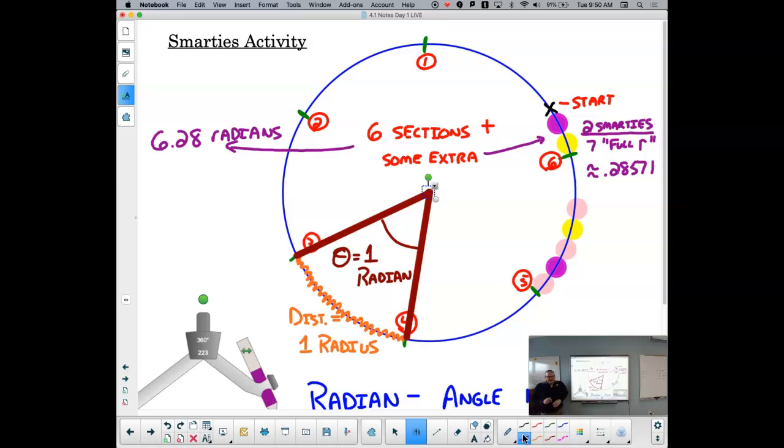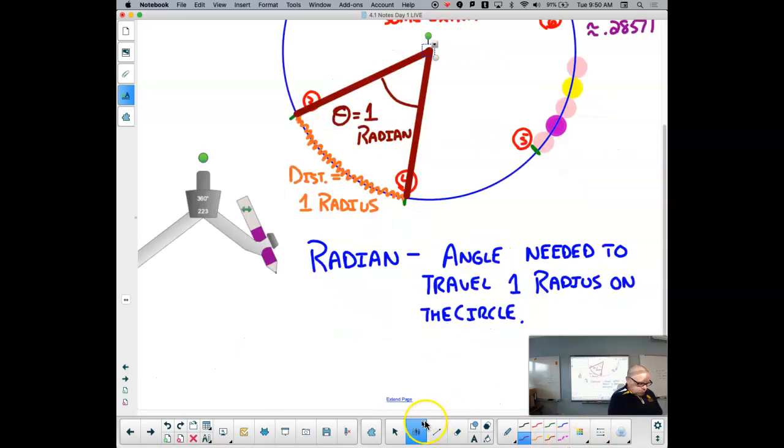Yes, Joe, exactly. It's 2 pi. So it takes 2 pi radians to get all the way around the circle.